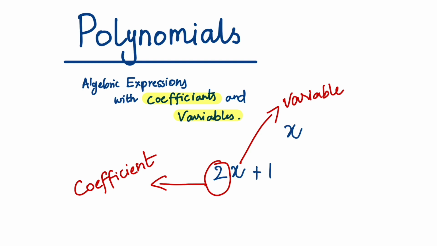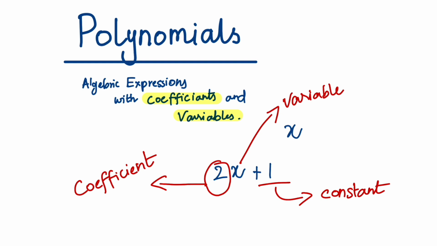If we have 2x plus 1, 2 is the coefficient of x. And the next part here, 1, is what we call a constant. So these are the parts of a polynomial: coefficient, variable and constant.